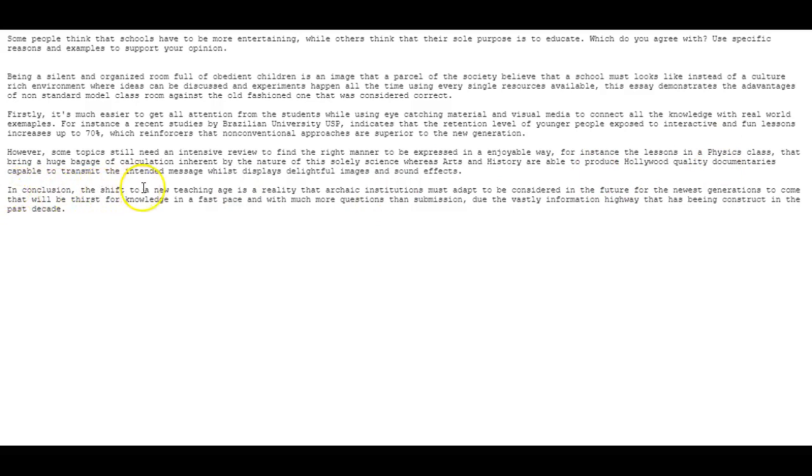In conclusion, the shift to a new teaching age is a reality, and archaic institutions must adapt to be considered in the future for the new generations. Full stop, I guess. This sentence is creating some problems for me.